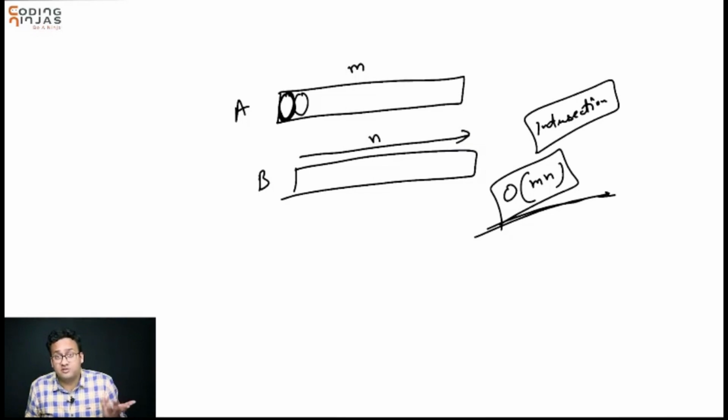How do you know a better solution exists? Generally, one way to figure that out in an online competition is to look at the constraints.